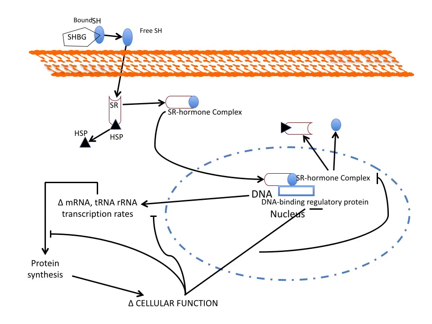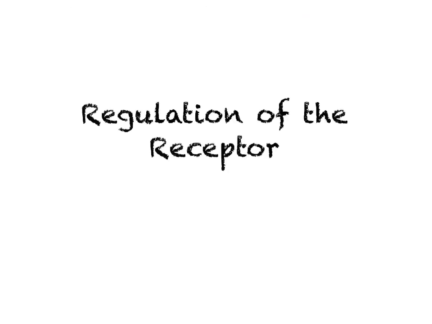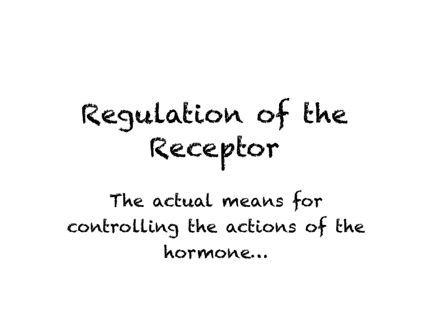And this is what the whole schematic will look like as a single flow. As stated earlier, the regulation of the receptor is the actual means for controlling the action of the hormone.